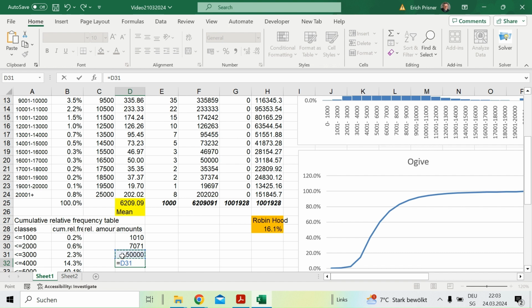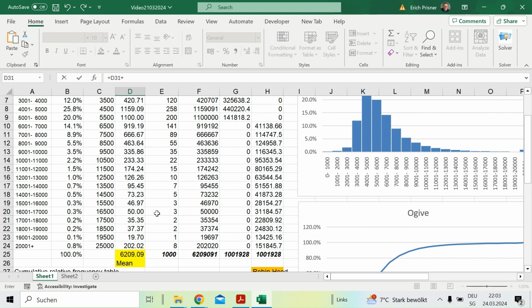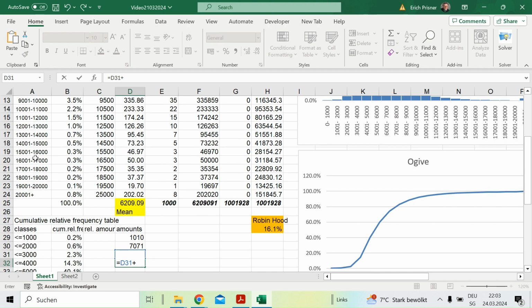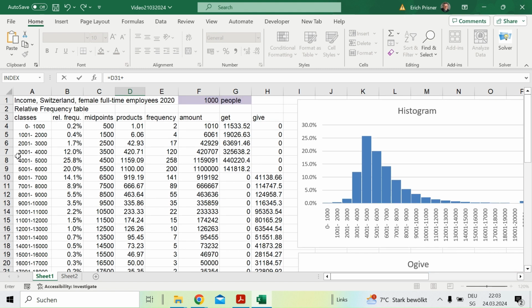So what we have so far, we extend these classes step by step. So we go to the previous cumulative class and say, okay, this was the previous one. So it's 50,000. And then we add what the people between 3,000 and 4,000 bring. So we have everything up to 3,000 in the cumulative class, and we add this amount here between 3,000 and 4,000.